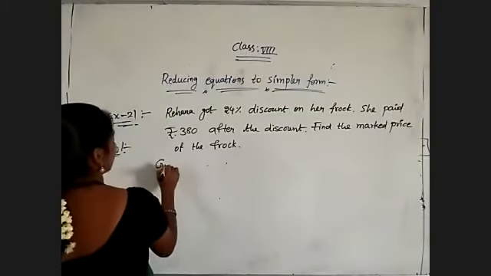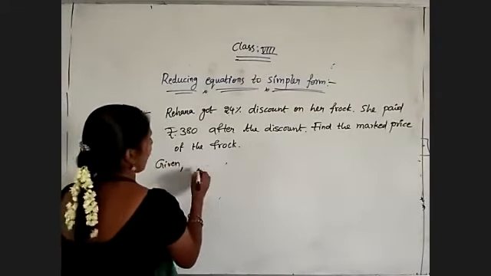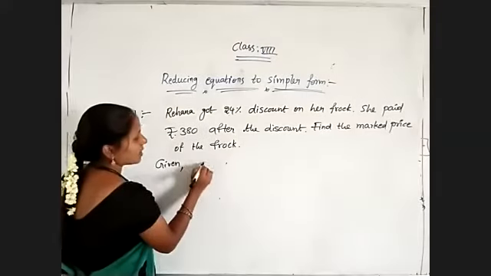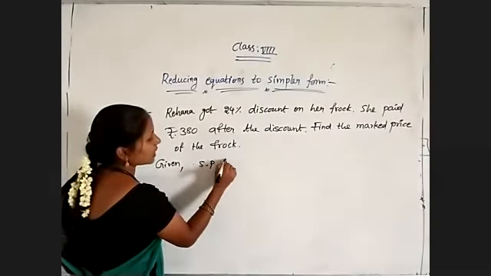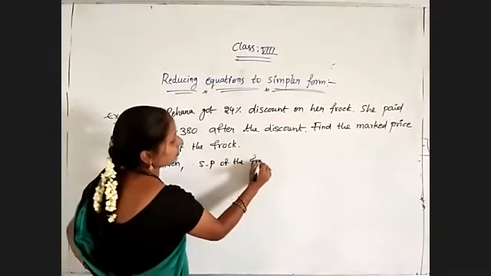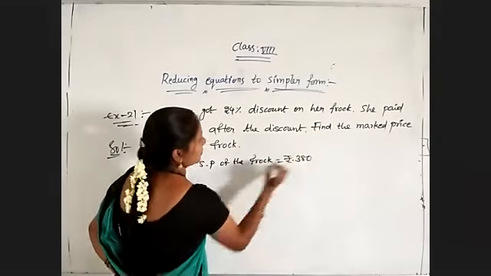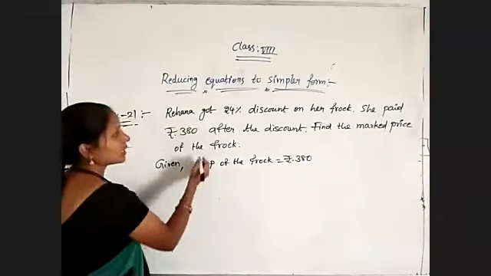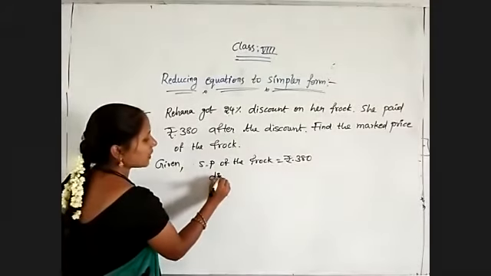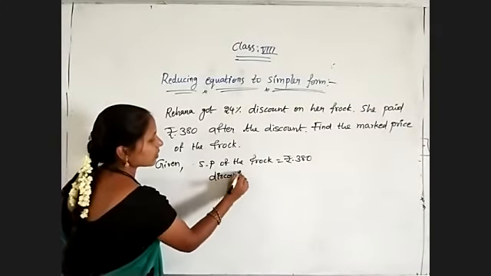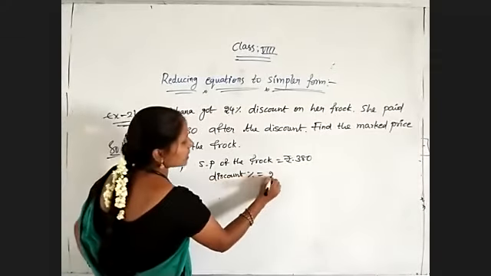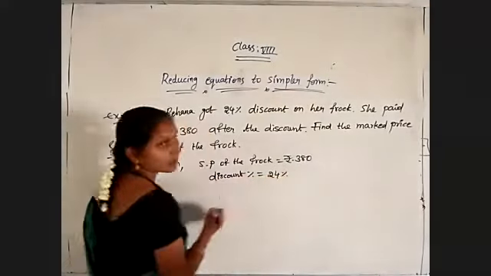Now, here whatever is given, write the given values. So given, the selling price SP of the frock is equal to 380 rupees. Okay, and the discount is not given. The discount percentage is given. Discount percentage is equal to 24%.